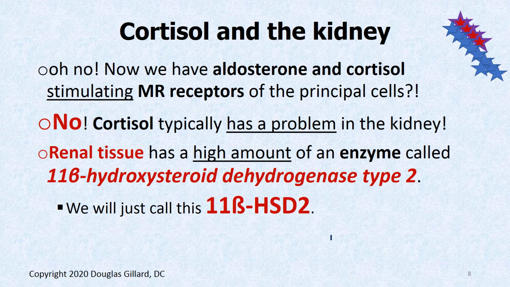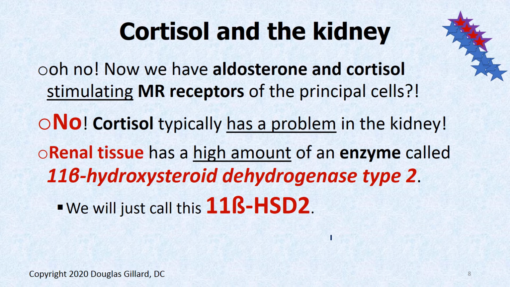Cortisol and the kidney. Because I know what you're thinking: oh no, if cortisol can bind to MR receptors, what about the principal cells? We're going to have all kinds of crazy effects, right? We're going to have hypertension all the time, especially when we're stressed out. No, that's not the way it works, because of a very important enzyme called 11-beta hydroxysteroid dehydrogenase type 2.